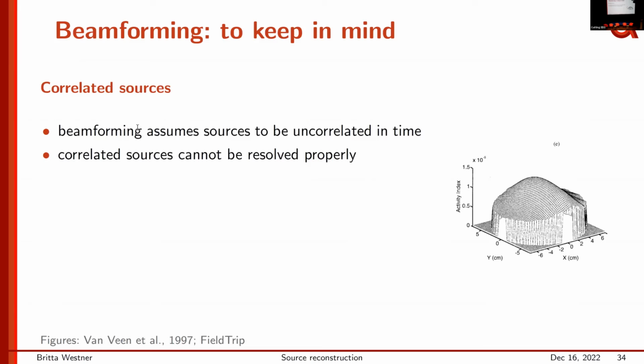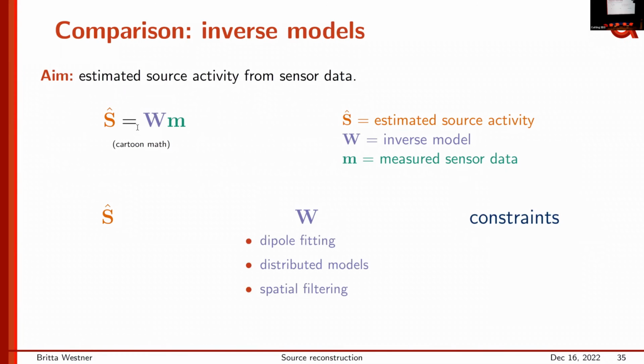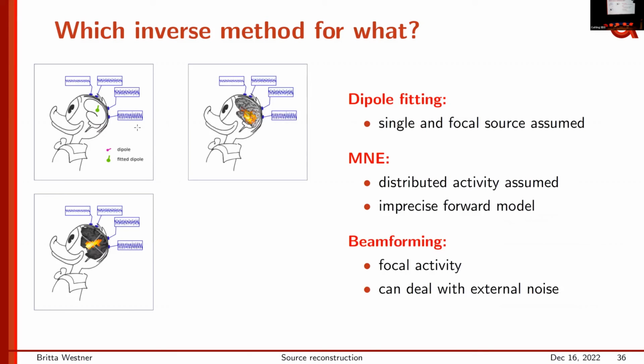You will not get as focal an image as you would get when you only fit one dipole. But with MEG or EEG, we assume that a patch of cortex has to be active anyway. So if it blurs for that patch of cortex, that would just reflect what we assume anyway. Correlation can involve blurring only between sources that are related, but not around.